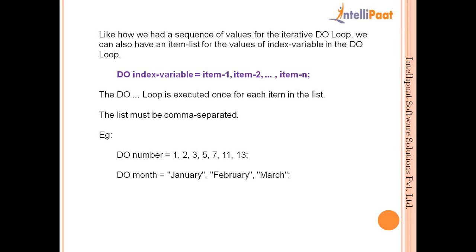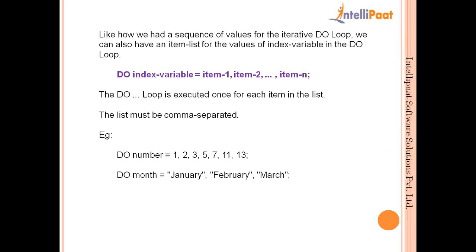So the do loop is executed once for each item in the list, and the list must be comma separated, right? We'll talk more about this in the later part of this chapter or session today, because we are going to cover arrays, wherein we'll talk about the list and how we can define an array so that we do not need to give anything manually in the loop.